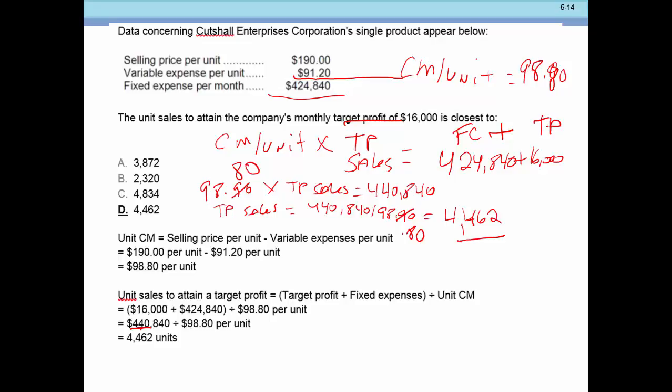And when I go ahead and do the division on that, I take my 440,840. I divide it by my contribution margin per unit, $98.80, which means that my target profit units here are 4462. Did that come out perfectly? 4462?